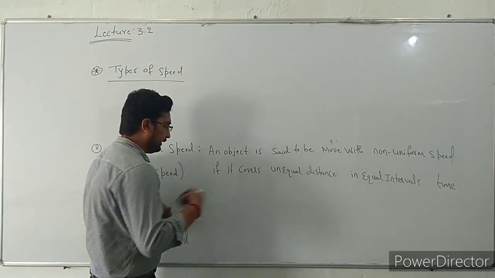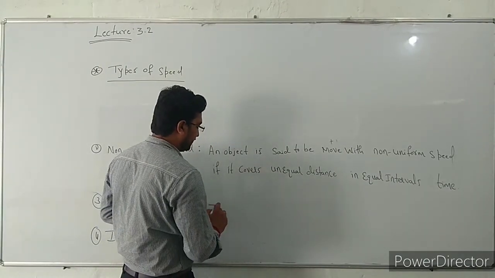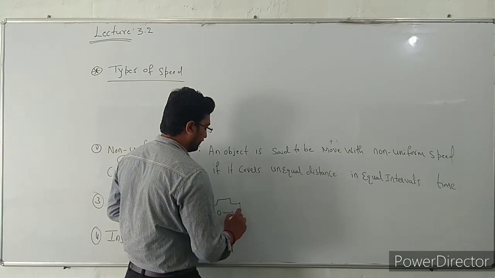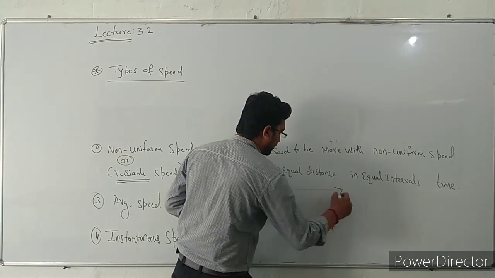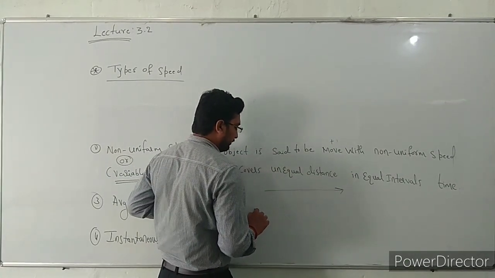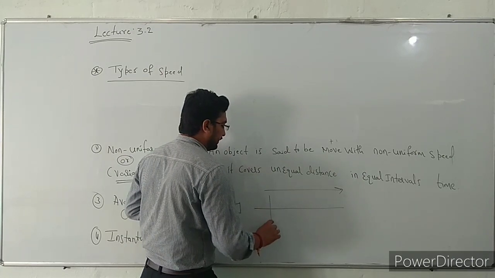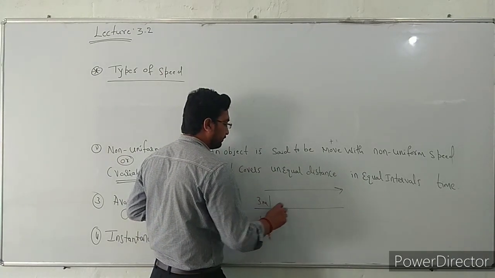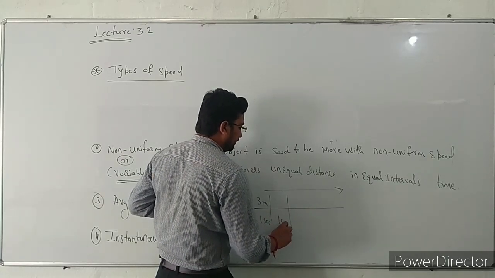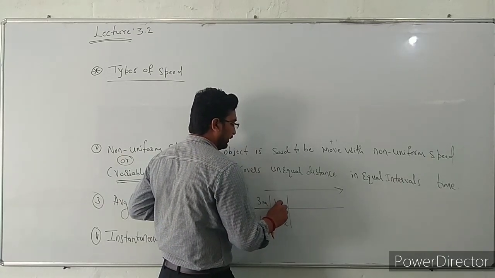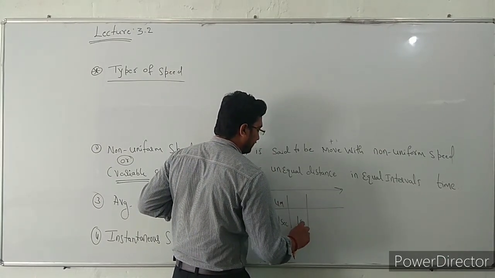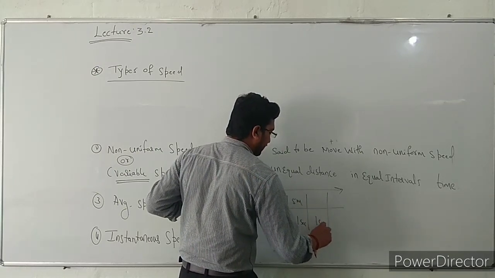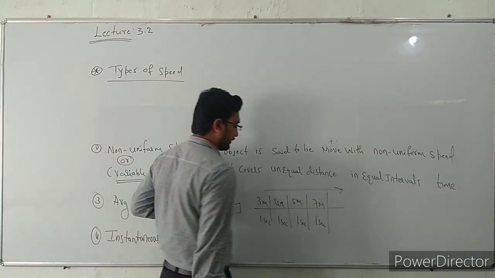So let's see an example here. Consider this is a vehicle, moving in this direction, right? In the first 1 second, the vehicle covers 3 meters. In the next 1 second, it covers 4 meters. In the next 1 second, it covers 5 meters. In the next 1 second, it may cover 7 meters, right?